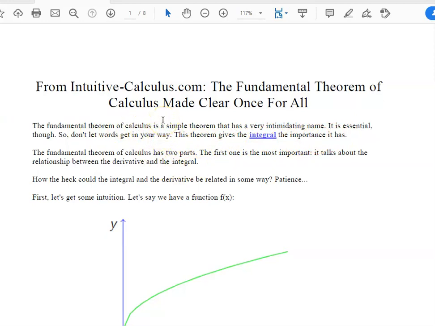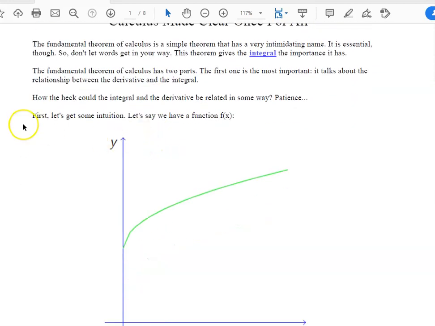The integral is more important, I think, than the derivative. But it took us to figure out the derivative, I guess, first to think about the integral. The fundamental theorem of calculus is two parts. First one is most important, they say. I don't know. It talks about the relationship between the derivative and the integral. How the heck could there be any relationship?